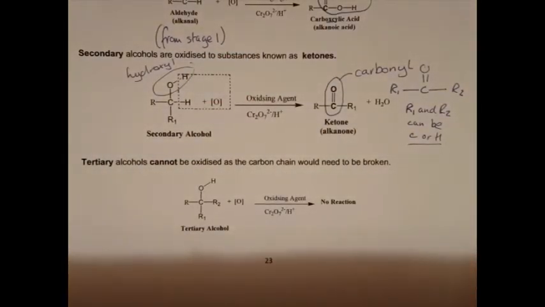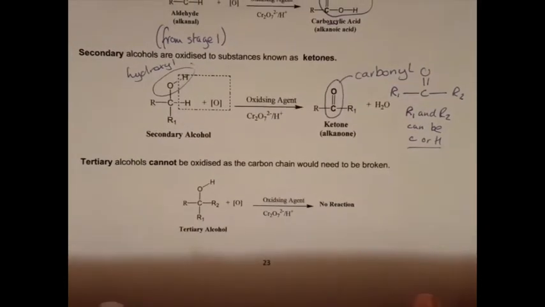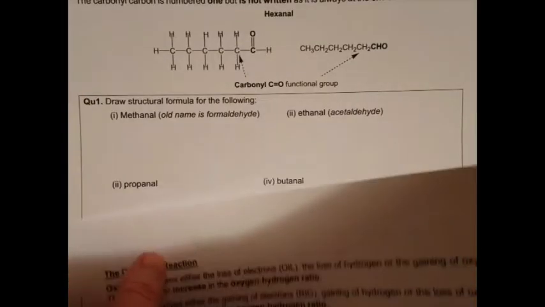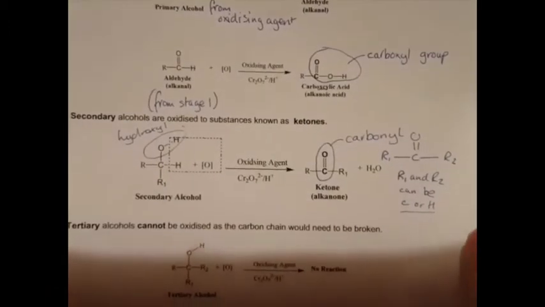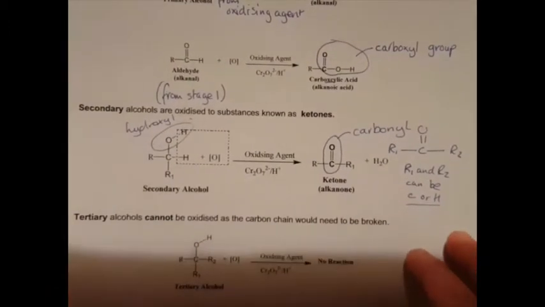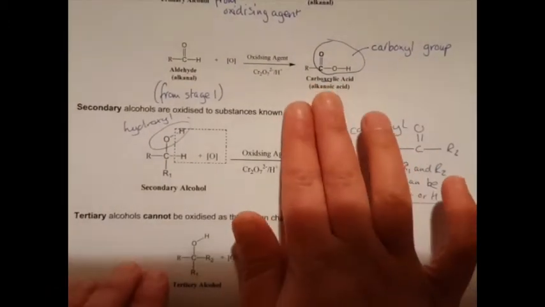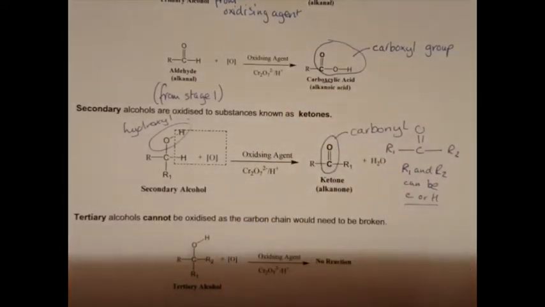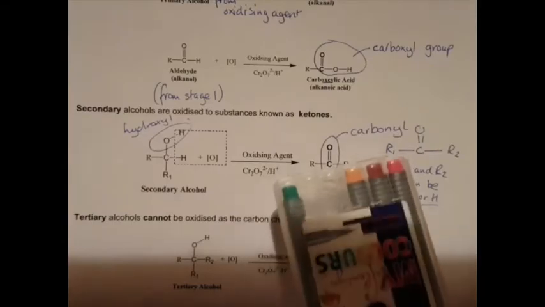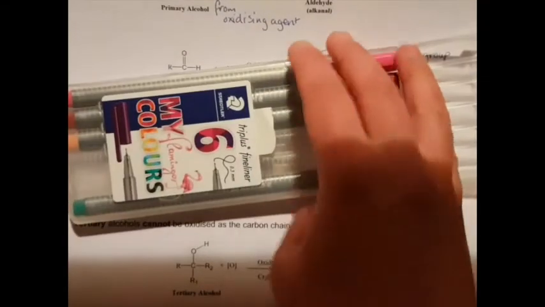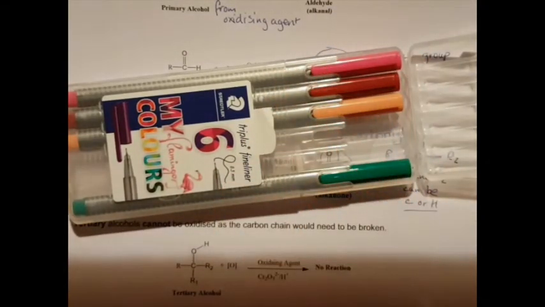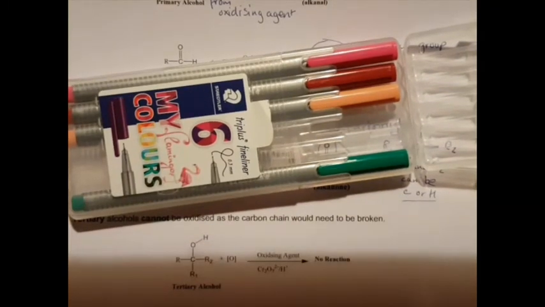Right, just as a quick quiz, we're going to move on to page 24 now. But just before we do, see if you can remember the names of the substances formed when primary alcohols and secondary alcohols are oxidized. So we'll just cover this up here. Okay, so when primary alcohols are oxidized, the first product would be what?